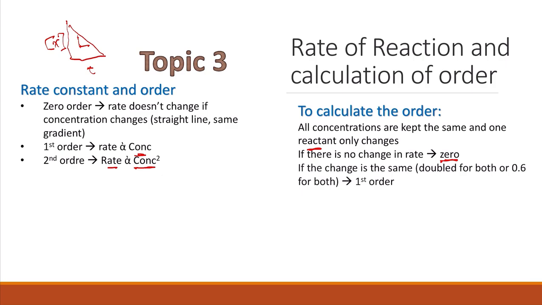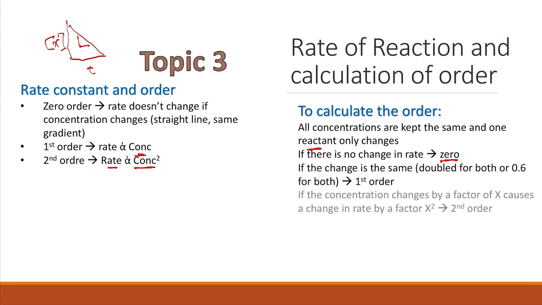And if the change is exactly the same, meaning when the reactant concentration doubled, the rate of the reaction doubled as well, or when there is a 0.6 factor change in the concentration of that reactant that affected the rate with the same ratio, then that means it's first order.